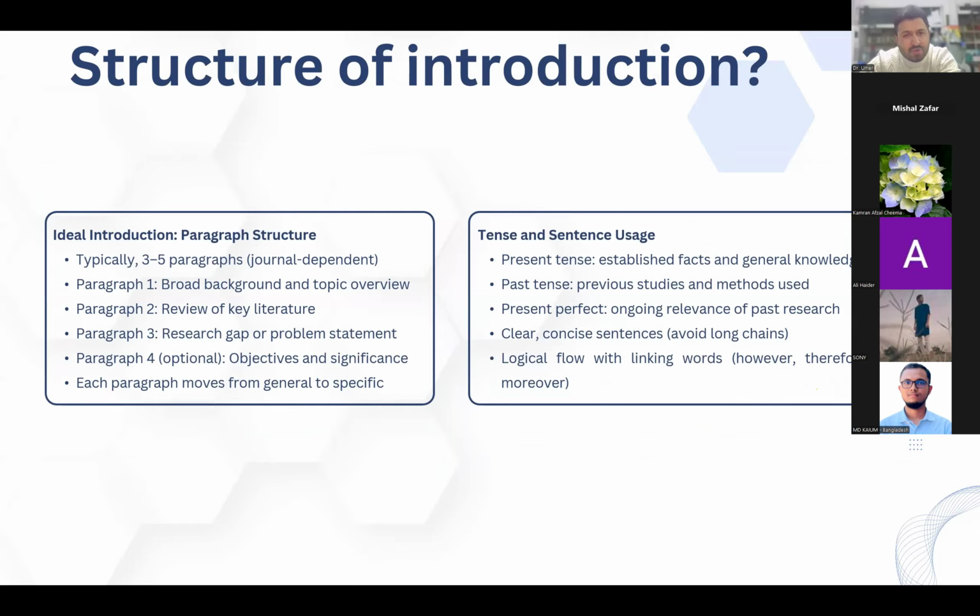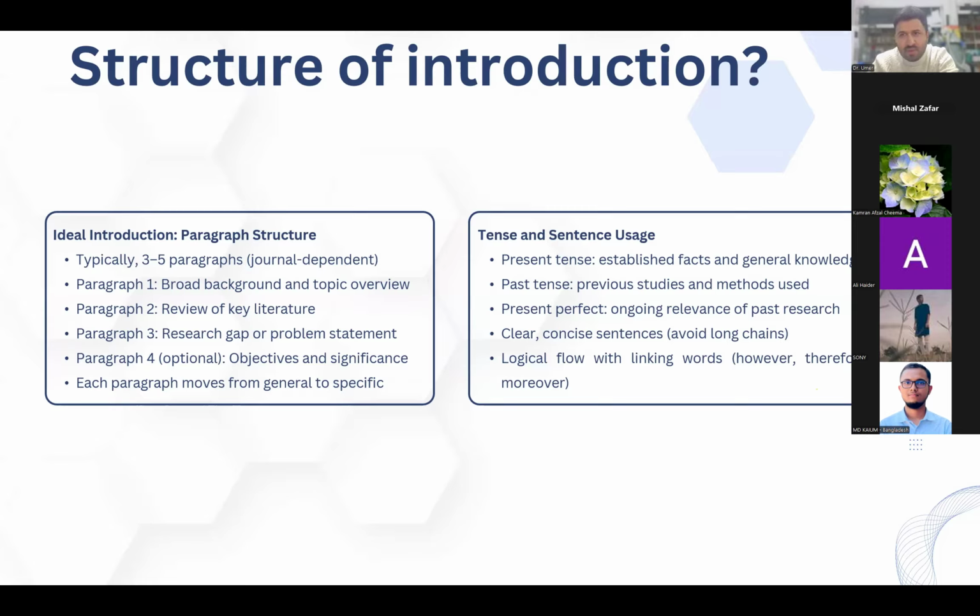Some journals require 5 paragraphs, but mostly the good, high-ranking Q1 journals need 3 to 4 maximum, and 3 to 4 are ideal. The first paragraph is based on the broad background of the study and the topic overview.